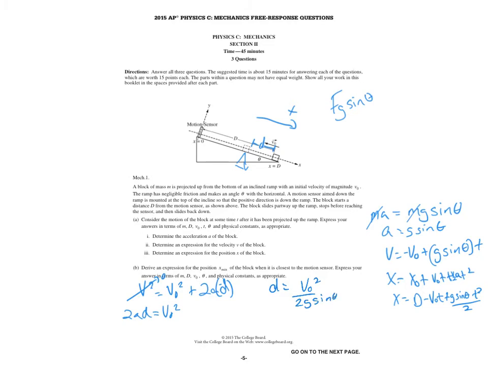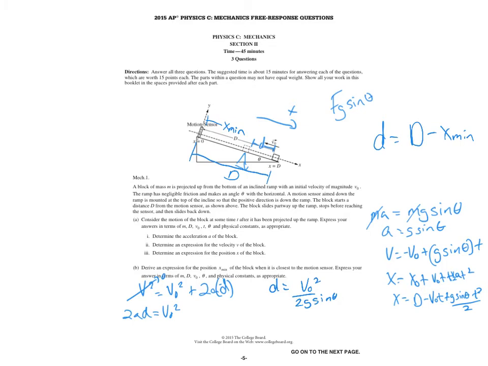Now let's figure out what d is. Lowercase d should be capital D minus x min. So d should be capital D minus x min. And so let's see what that does.